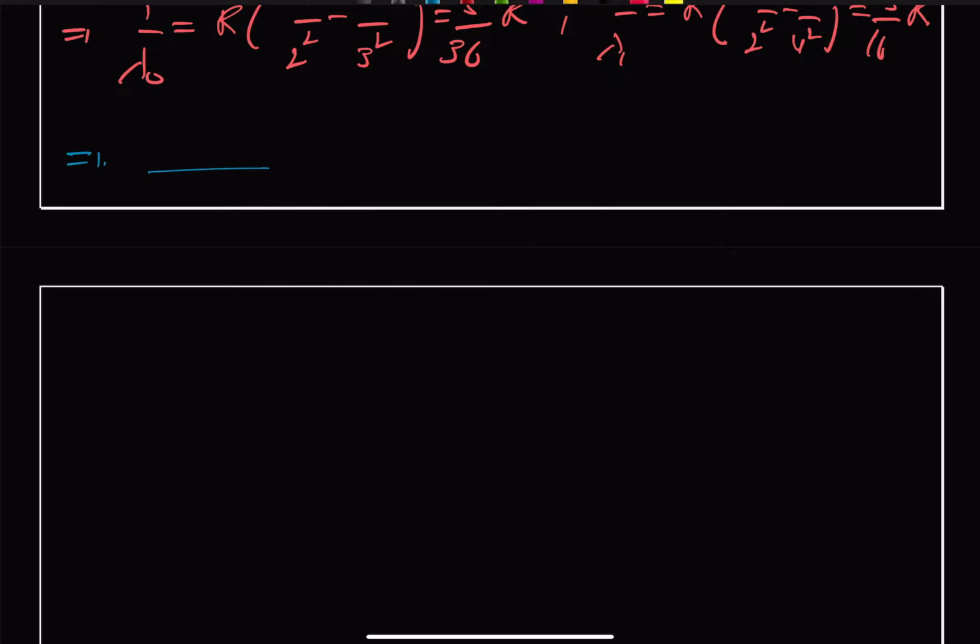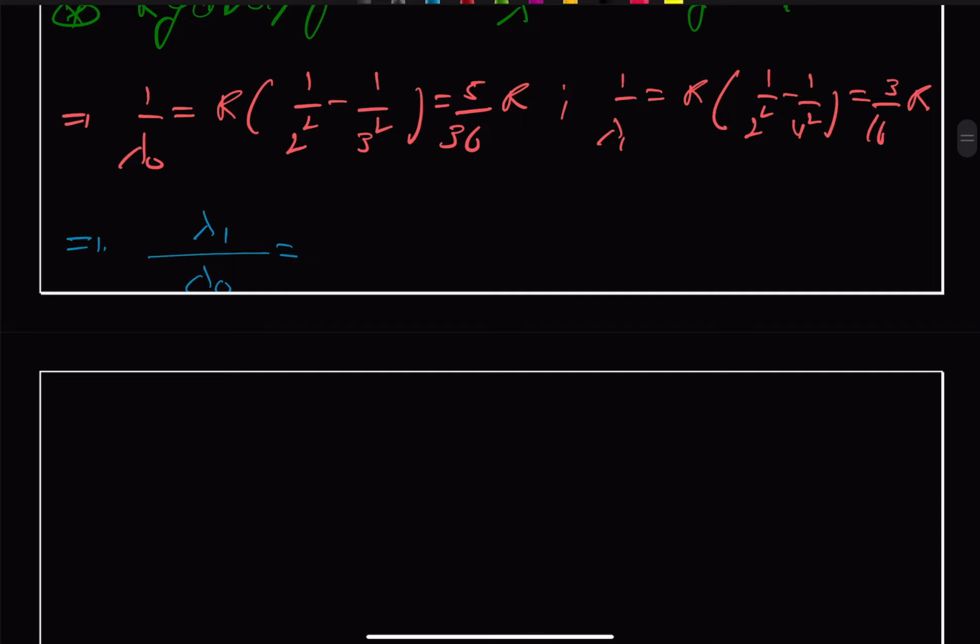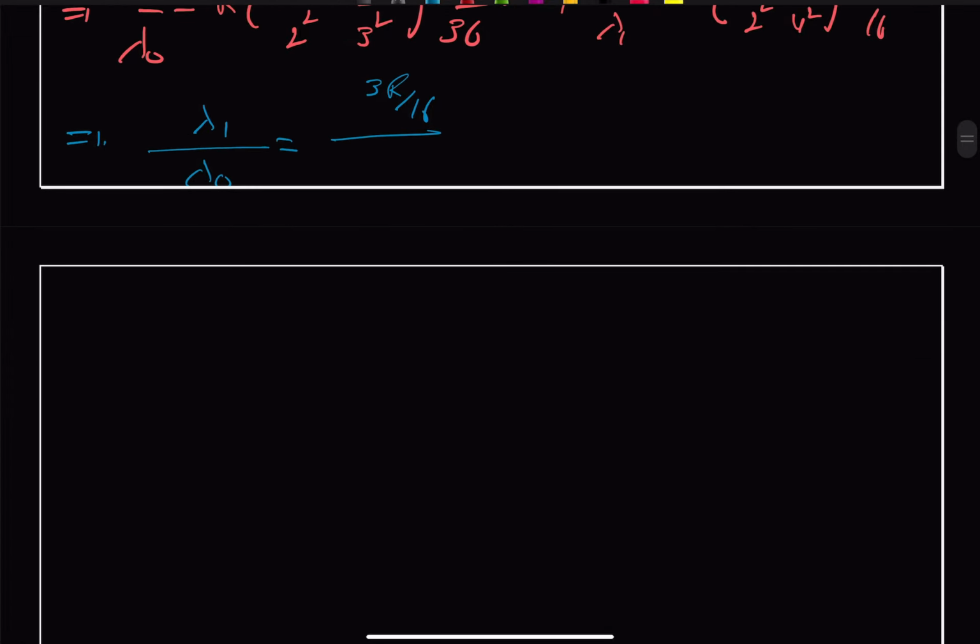So we can say our lambda 1 upon lambda naught, and our lambda 1 is 3r upon 16, lambda naught is 5r upon 36, and here r and r cancel out, so this comes as 3 upon 16 multiplied by 36 upon 5.